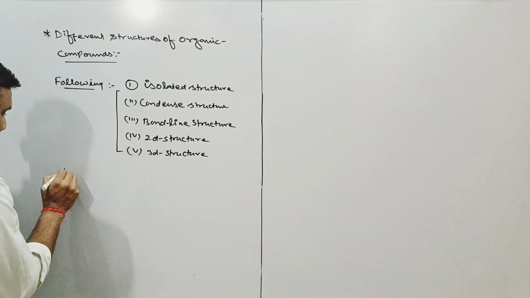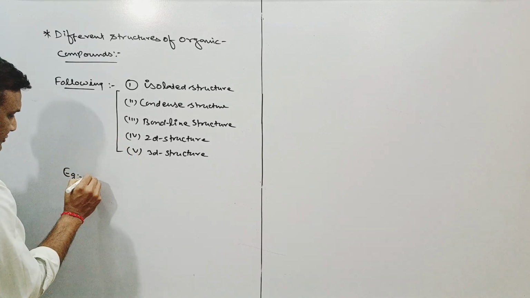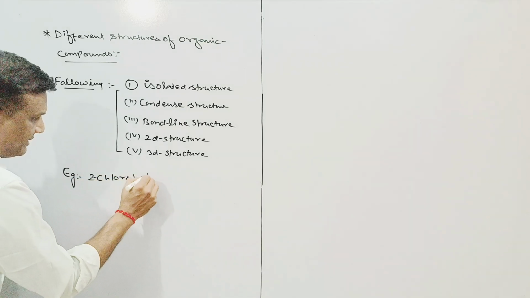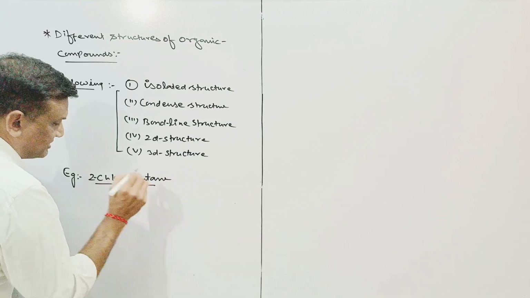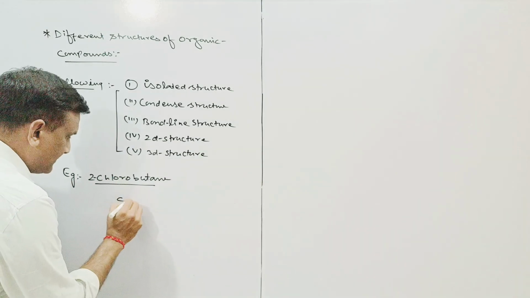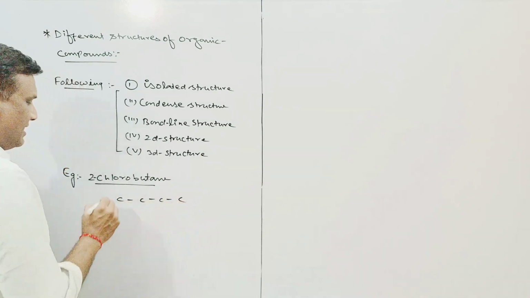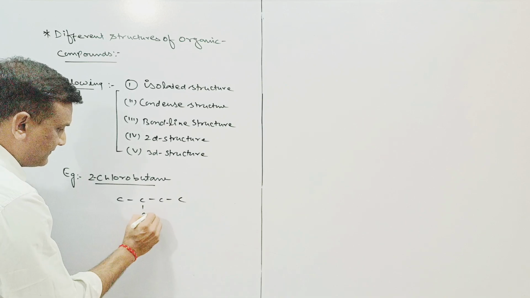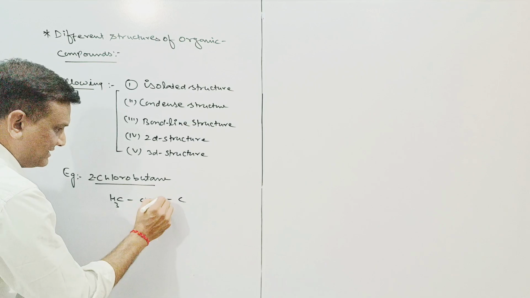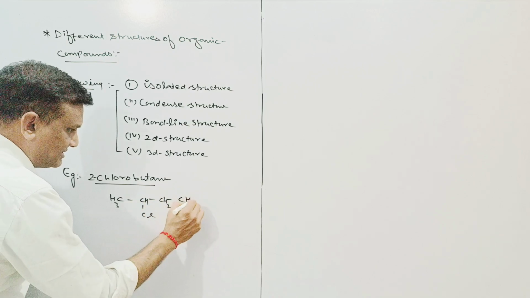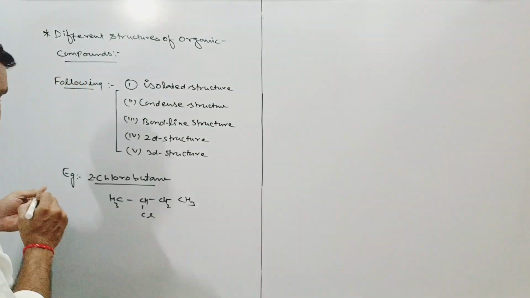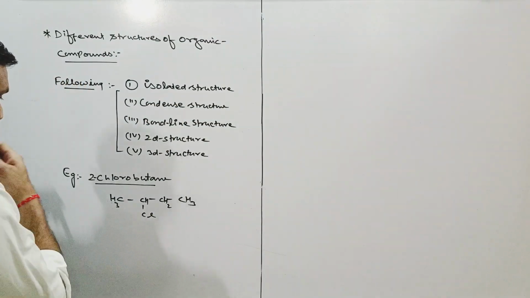For this, we'll take the example of 2-chloro-butane. Here's the structure. But means there are 4 carbon atoms like this C. Over the number 2 position there is chloro. Rest on balancing. This is CH3, CH, CH2, CH3. If we go with the first formula, that is the isolated formula, then it will be written as follows.